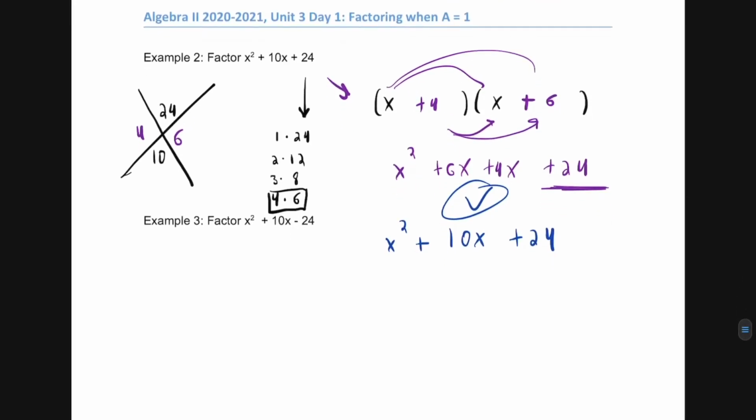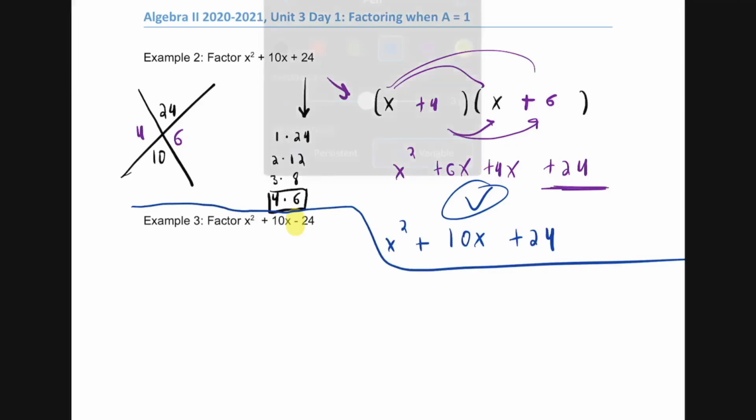Now, this looks like it's a typo, but it's not. These get trickier when we don't have all positive signs here. So let me make it clear this is a separate problem.